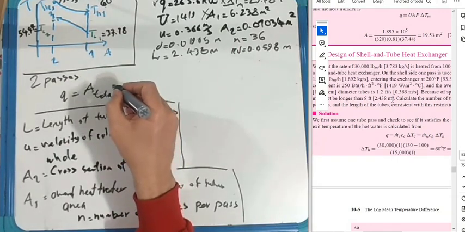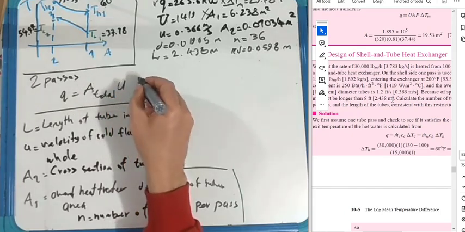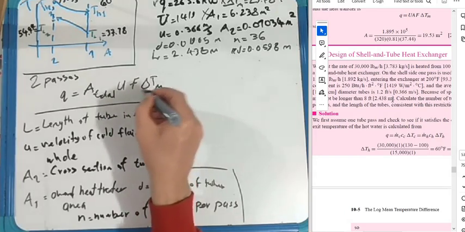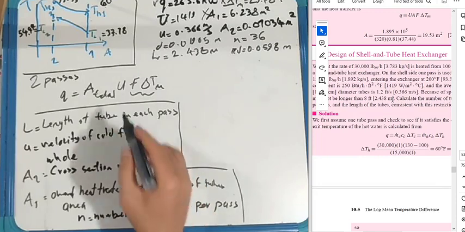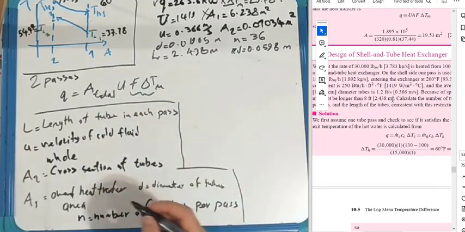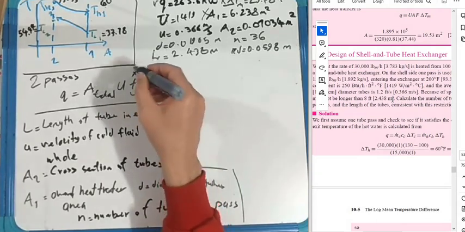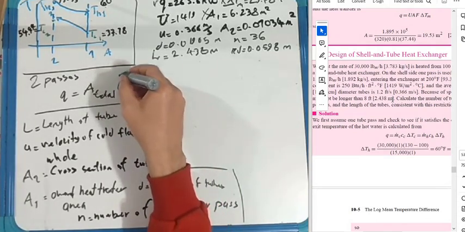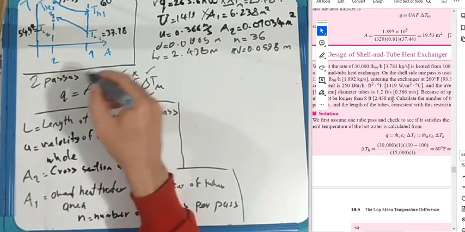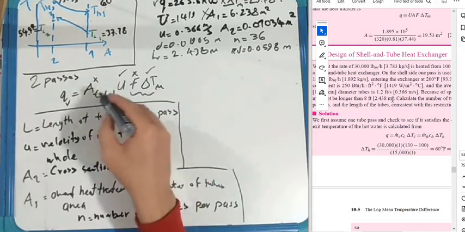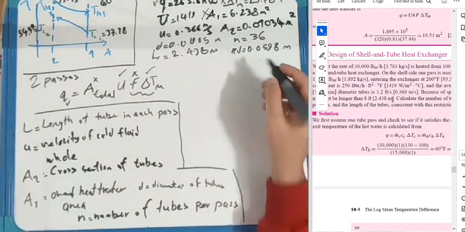A total equals Q over U F delta Tm. F is a factor. We should calculate F first of all because we have delta Tm. We don't have F. We have U.